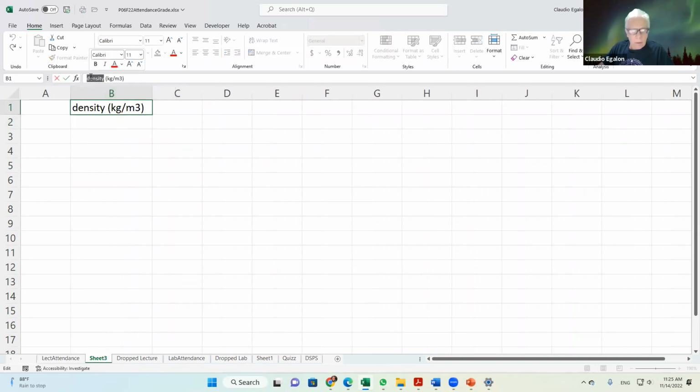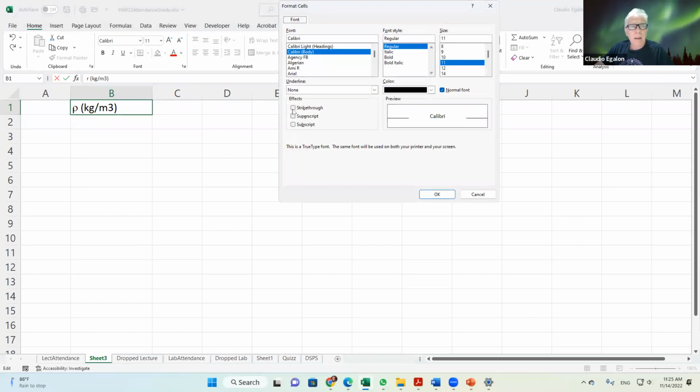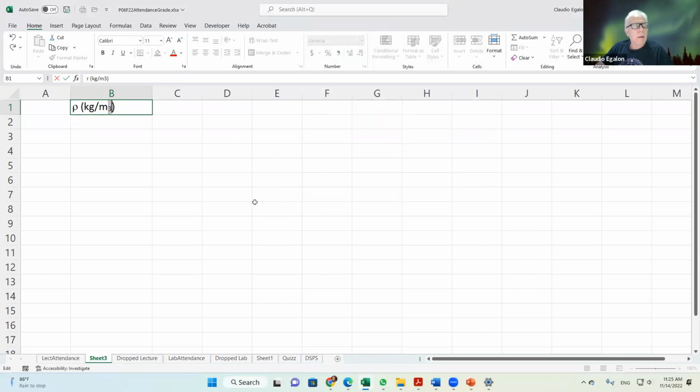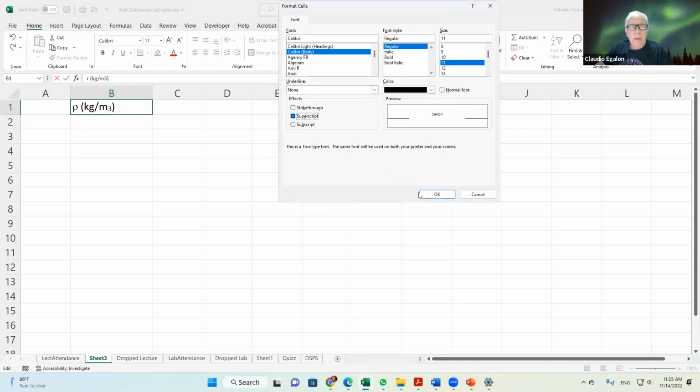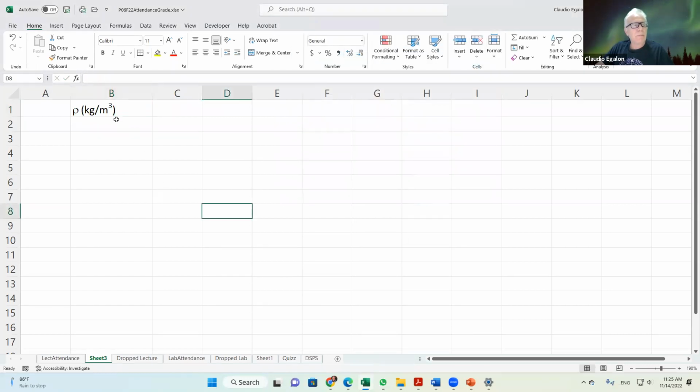Instead of writing down density, I'm going to put just the symbol rho here. And don't forget to raise this to the cube. I don't want subscript, I want superscript. Here you go.